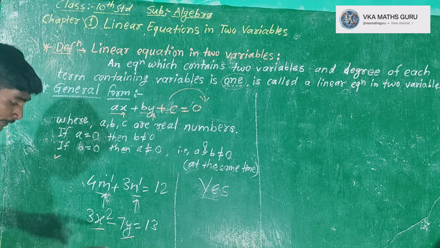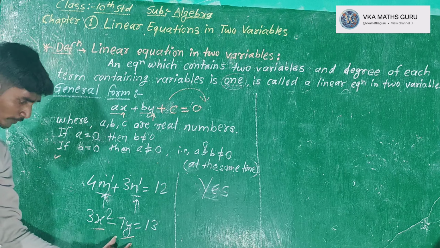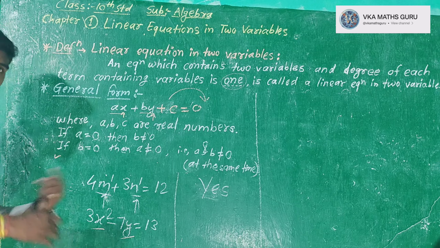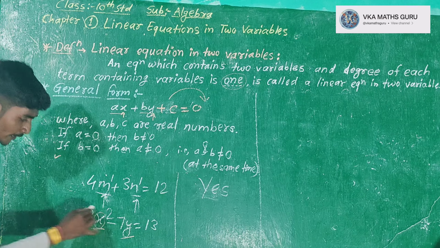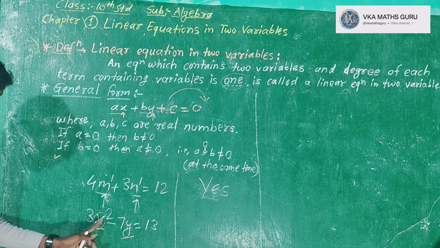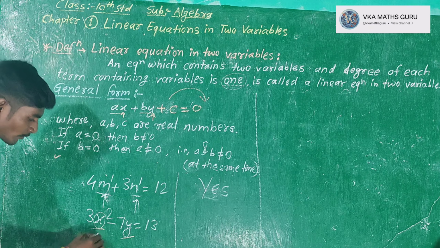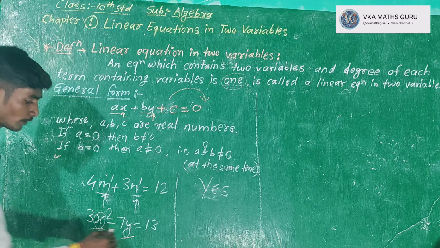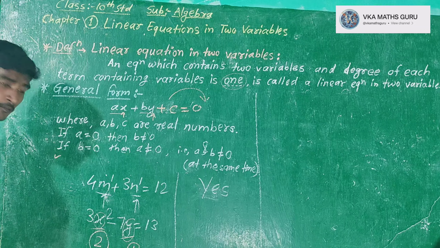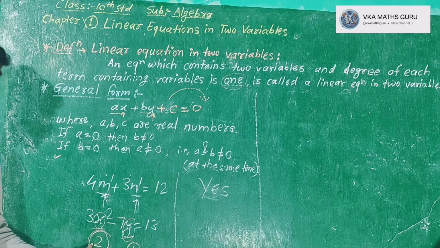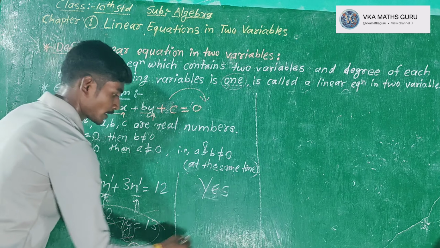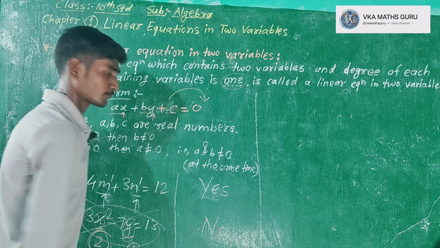After that we check the degree of each variable. First we check the degree of x. The variable x has degree 2 and y has degree 1, but we want only degree 1, and x has degree 2. That's why this is not a linear equation, so I write no.